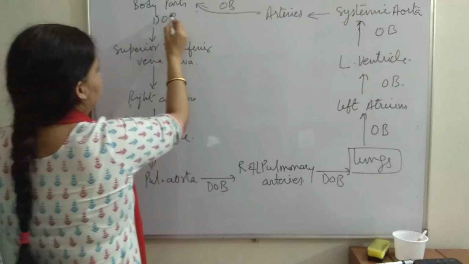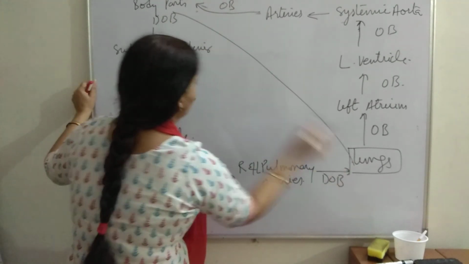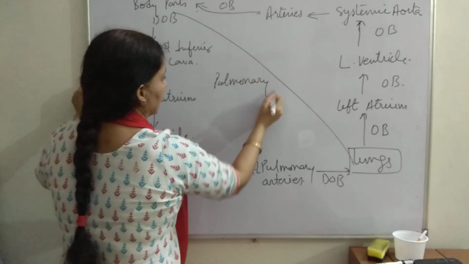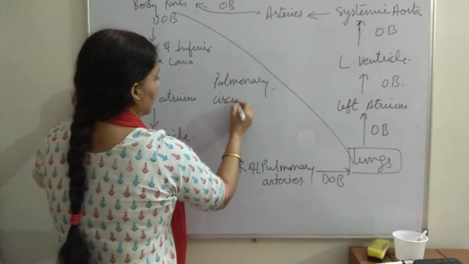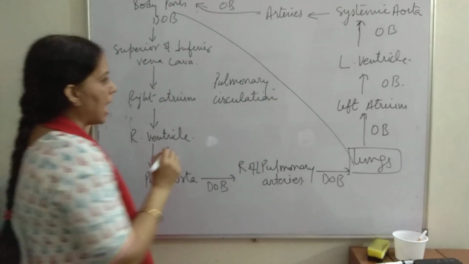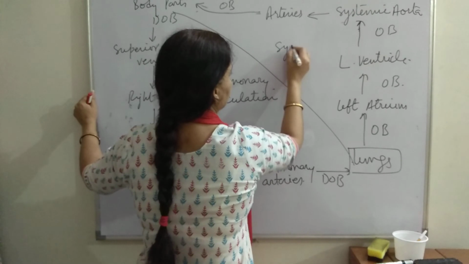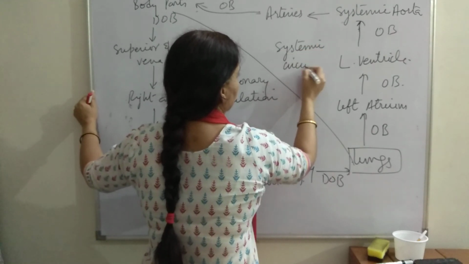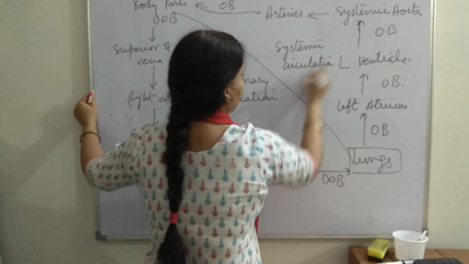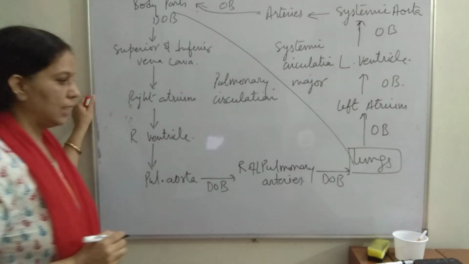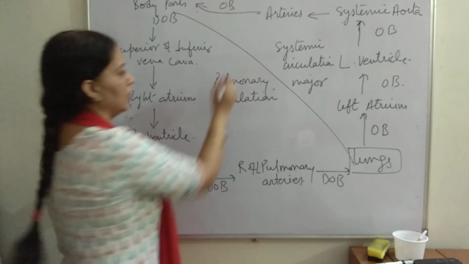Now it is divided into two: this circulation is called pulmonary circulation. It is confined between heart and lungs, and the other is called systemic circulation. And systemic is the major circulation which is supplying oxygenated blood to all parts of the body.